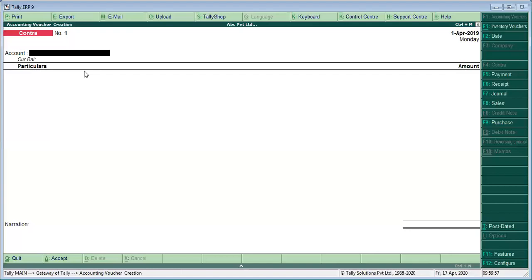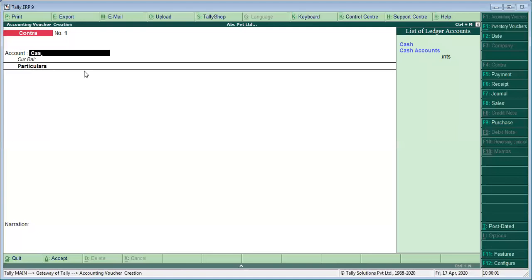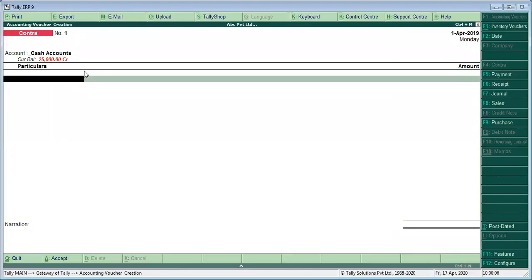So credit will be the cash account. So first be very particular because ledger is most important. Until unless you are able to prepare the ledger, it is impossible to merge with the voucher entry transaction. So we have already created.